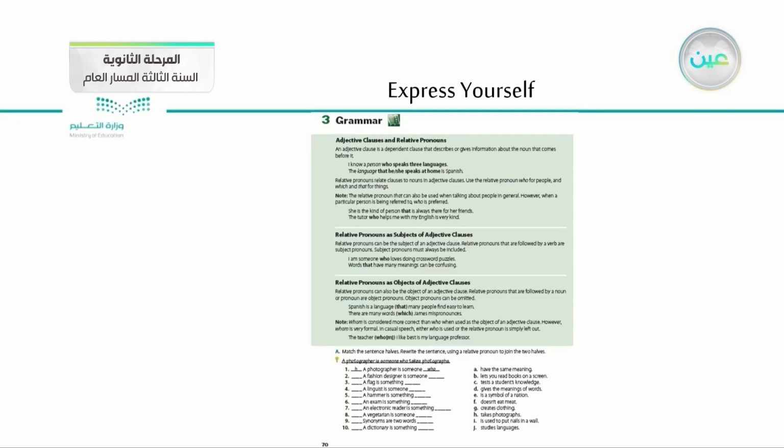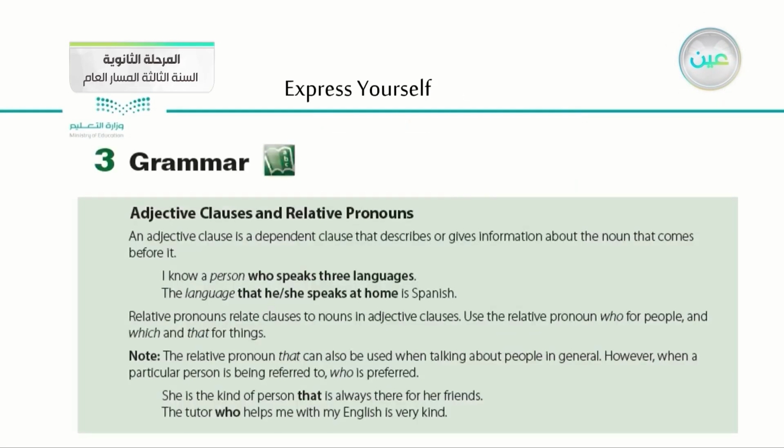We had a lesson on page 70, which is grammar, and it was divided into 3 parts. In the first part, we learned some of the concepts like the adjective clauses and relative pronouns. We said that the adjective clauses are the clauses or parts of sentences that modify or explain the noun that comes before it.